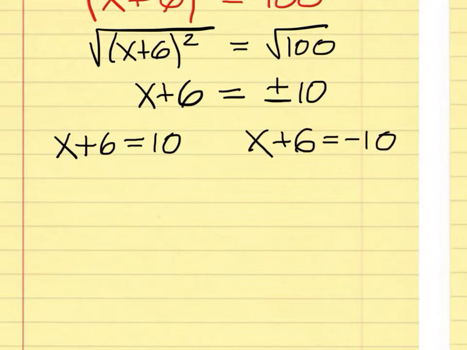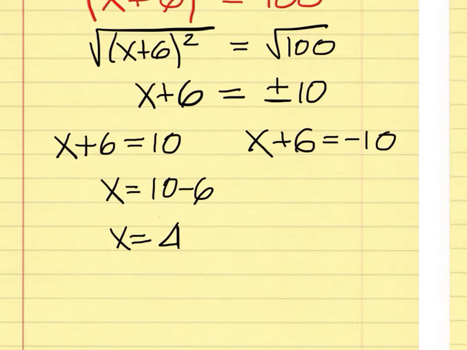That is right. What is the value of x in the equation on the left, Blizzard? X equals 4. That is right. X will equal 4. We have 10 minus 6, so that gives me a 4. What is the value of x in the equation on the right-hand side?